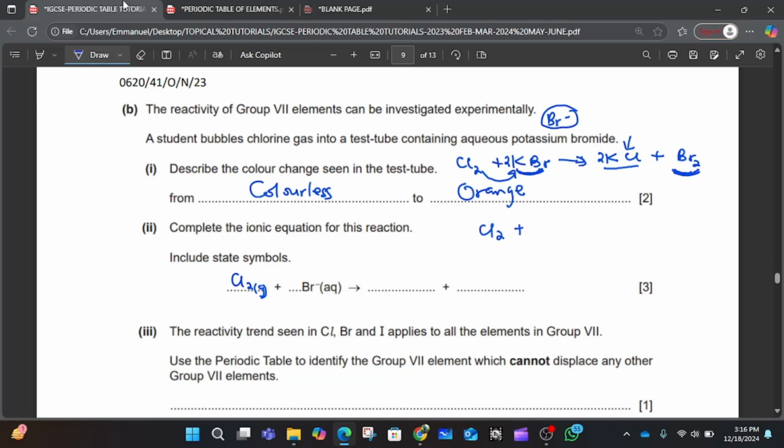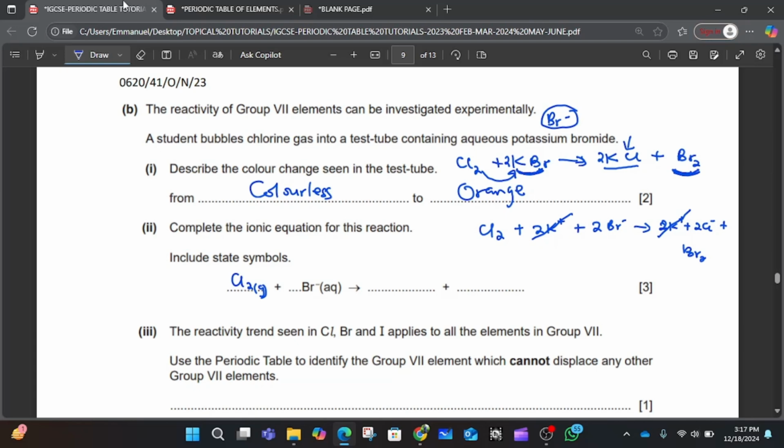So in writing the ionic equation, we separate the ionic compound, which is potassium bromide, into ions. So that would be 2K+ 2Br-, giving 2K+ 2Cl- plus Br2. You can see that K+ is on both sides of the equation.